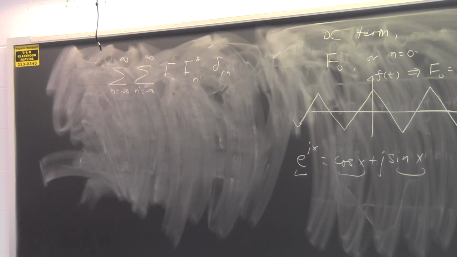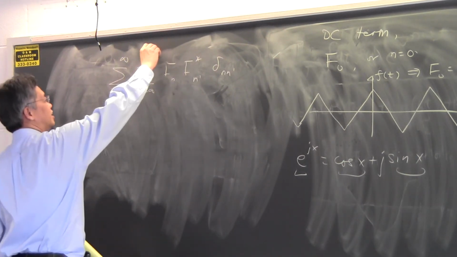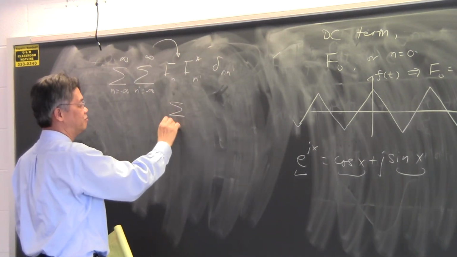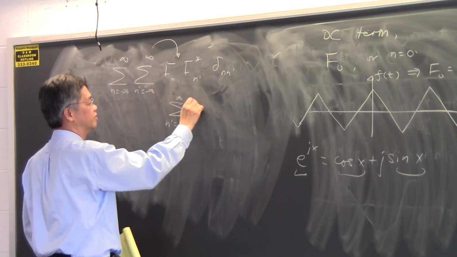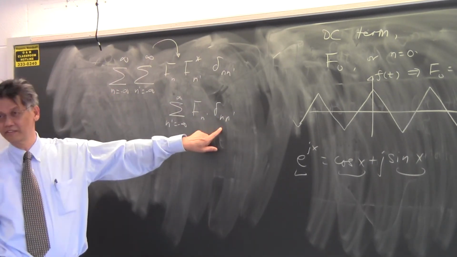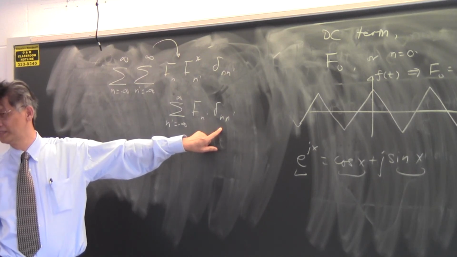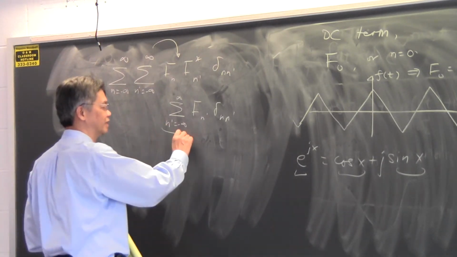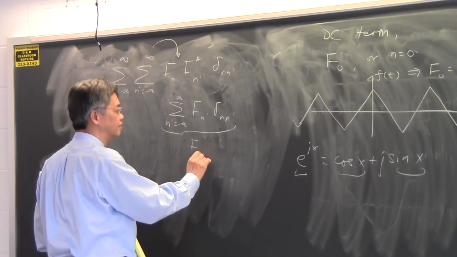F sub n. F sub n, very good, right? I can move the summation slightly over here if I want to. And then I get n prime equals minus infinity to infinity. And this is 1 when n equals n prime, is 0 otherwise. There's only one term in this summation. Okay, you're correct, so this becomes f sub n.